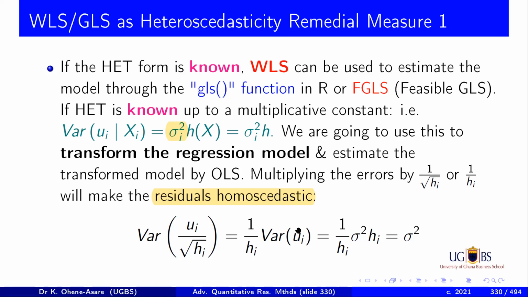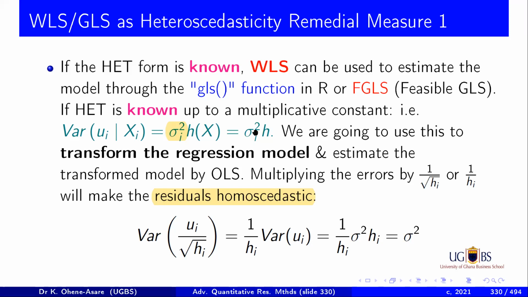Once you square the 1 over h_i, the h_i cancels the h_i, and then you have 1 multiplying sigma squared, which is equal to sigma squared. And that sigma squared means that the variance is constant.